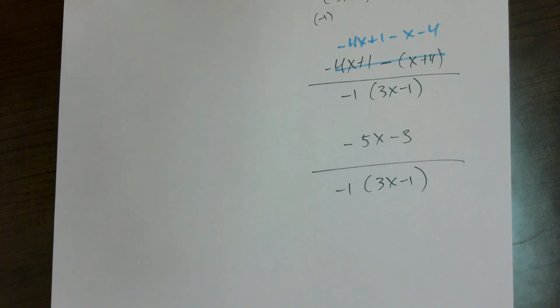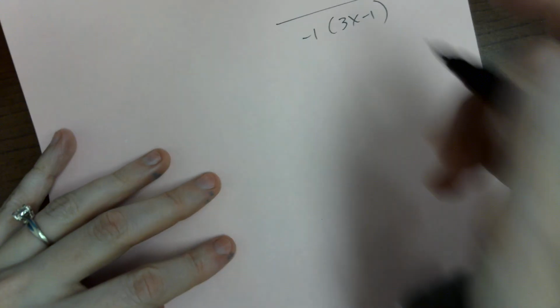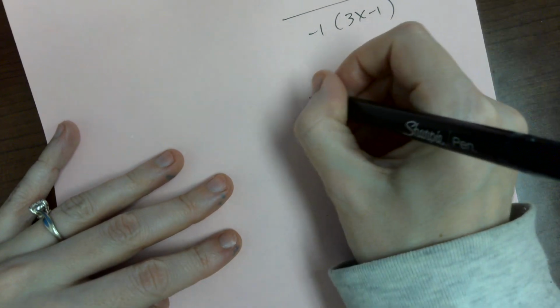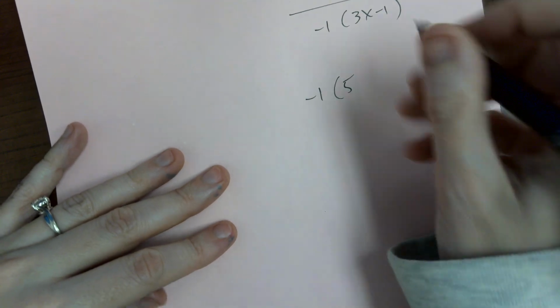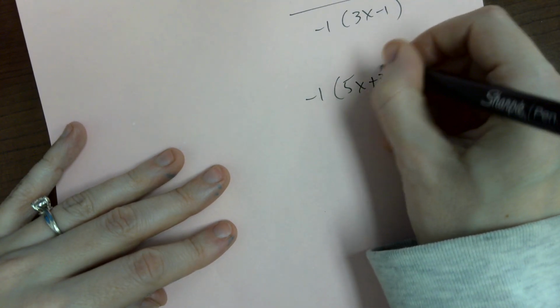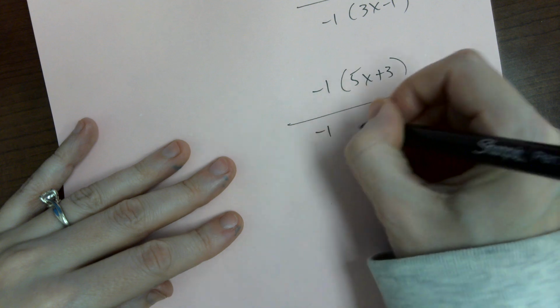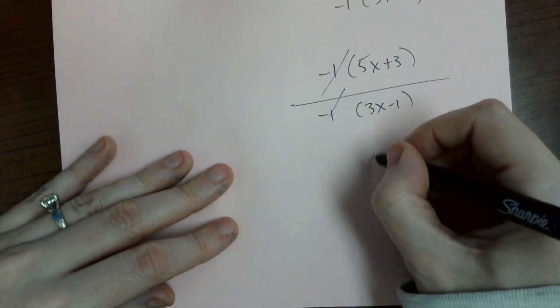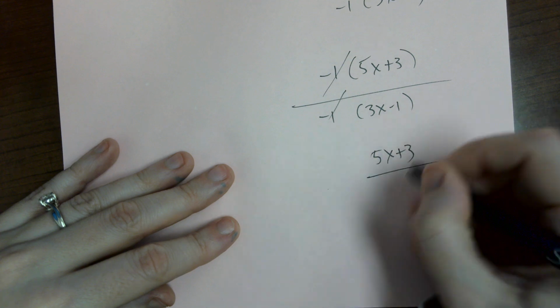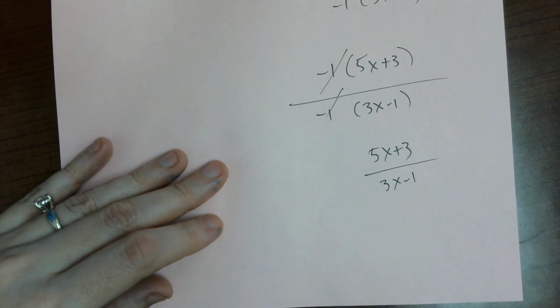And then, remember guys, you want to simplify completely, so see if anything cancels. And I look at the top, and I could take a negative 1 out of the top. And in this case, it makes sense to do that because I'll be able to cancel the negative 1s. All right, so those are canceling. So the answer is that.